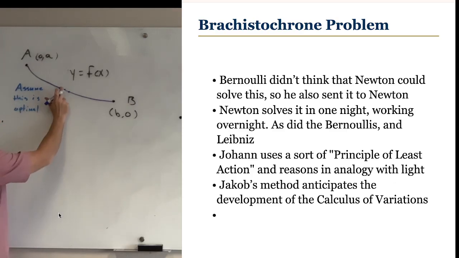Well, let's assume it's not. Let's assume there was another path, maybe something that looked like this. Maybe that actually was the shortest time path between these 2 points. Well, then it seems like we could replace what we had before with this shorter time path between these 2 points right there.